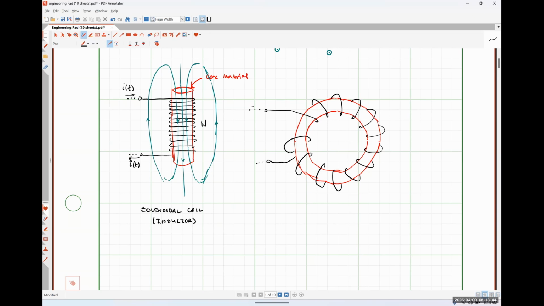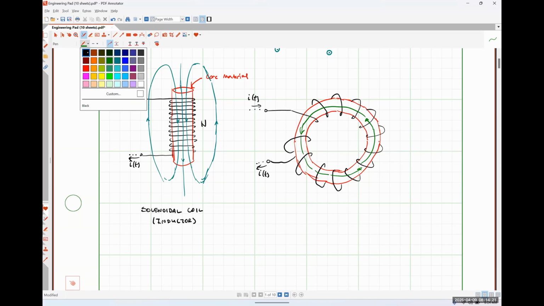Like so. And if we flow some current I of t down our wire, we are going to wind up having a flux that's just going to circulate around this path. So all of our generated flux is effectively constrained to be inside of this core material, because there are no gaps for it to leak out of. Okay. So this is a toroidal coil inductor.